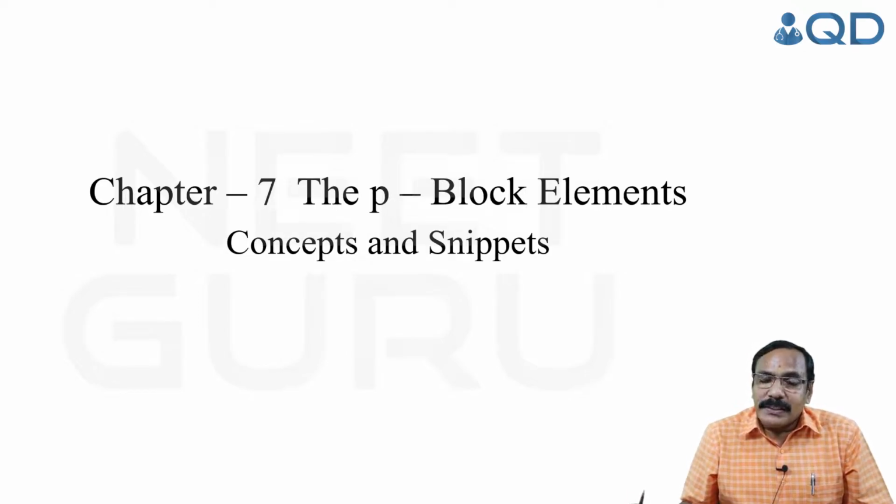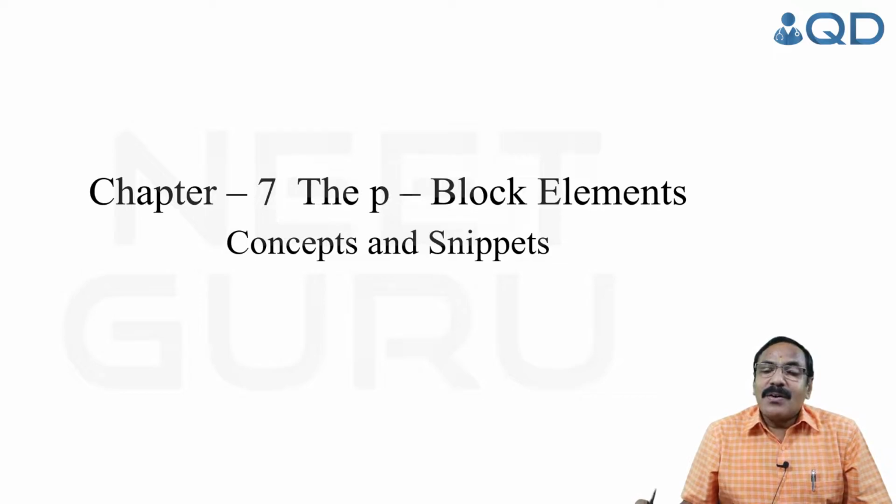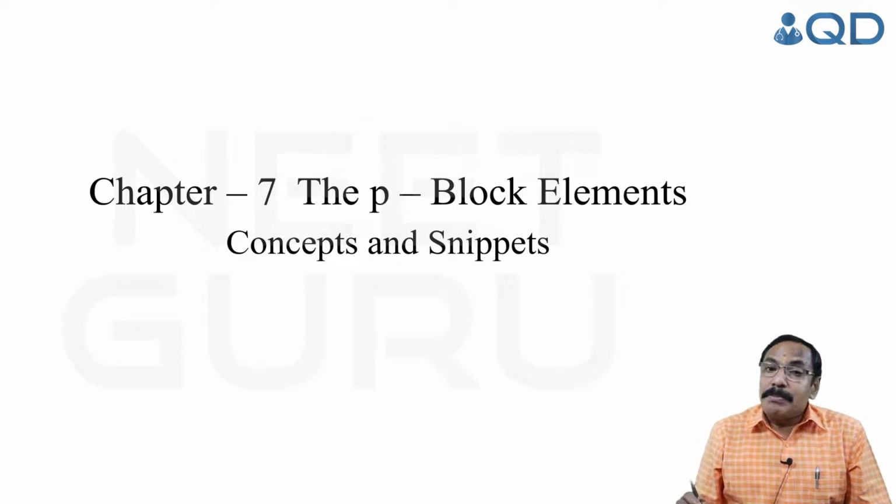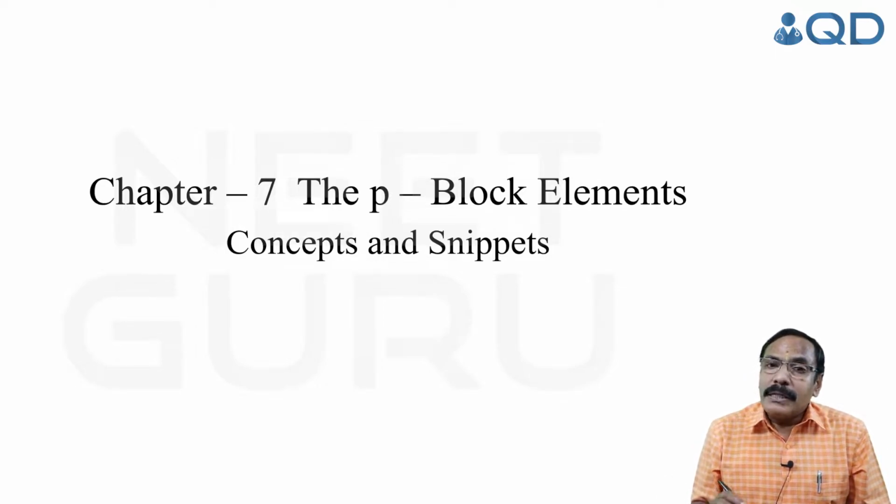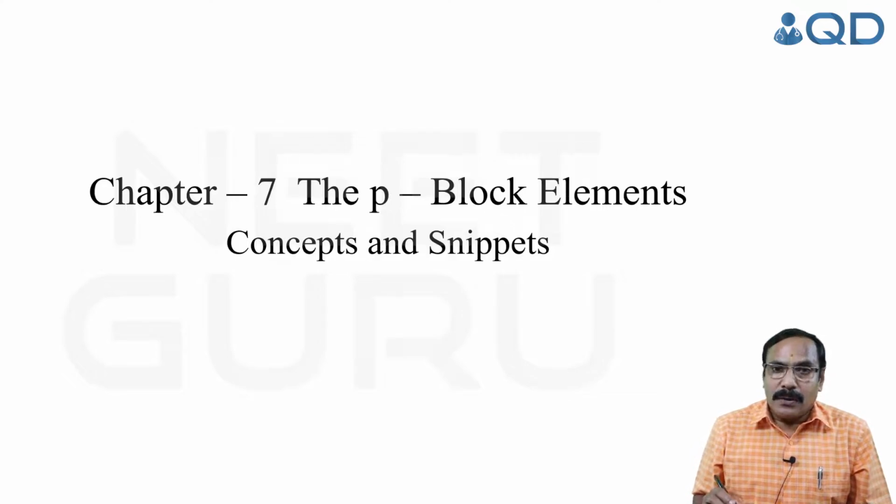The group valency is not the only valency for these elements, especially the heavier elements of the p block. There are other valencies also, in addition to the group valency, because of the presence of d and f electrons in the inner core.